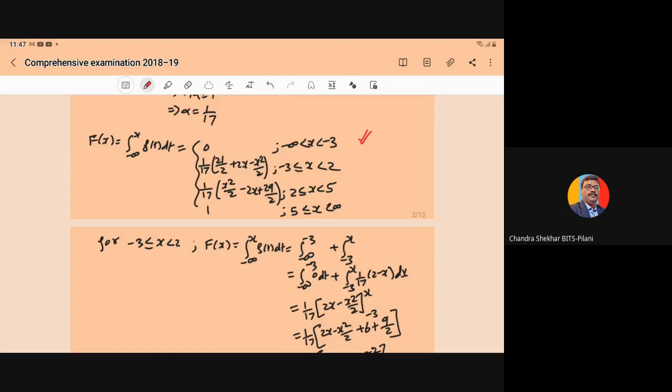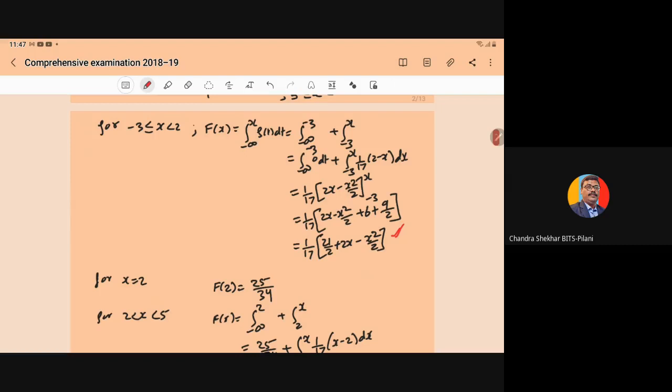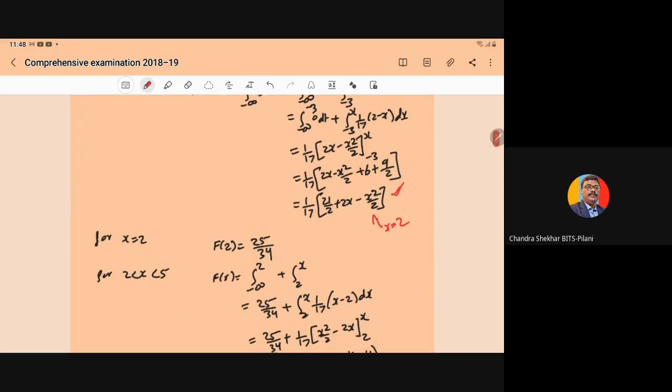For the first range the integrand is 0, and for the second integral the integrand is 1 upon 17 into (2 minus x) dx. On integration, we get 1 upon 17 into [21 by 2 plus 2x minus x square by 2]. When we put x equal to 2, it gives 25 by 34.